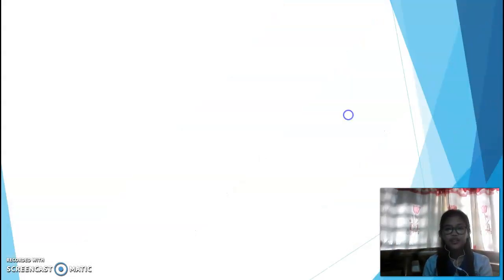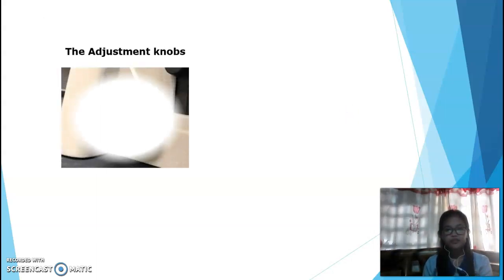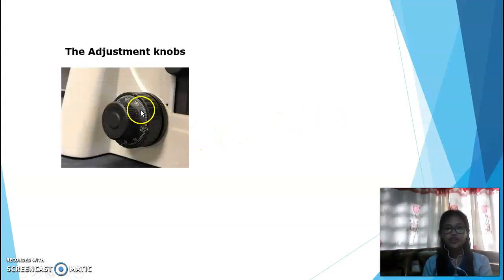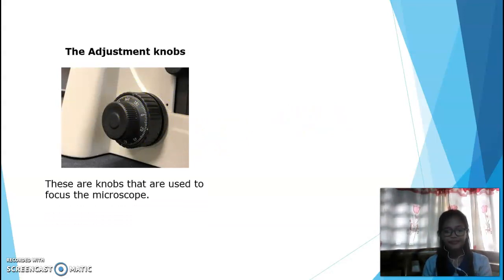The next one is the adjustment knobs. Those are knobs that are used to focus the microscope. There are two types of adjustment knobs.